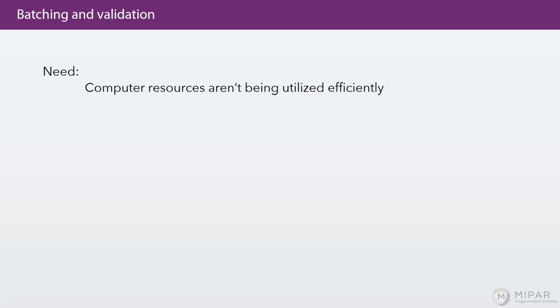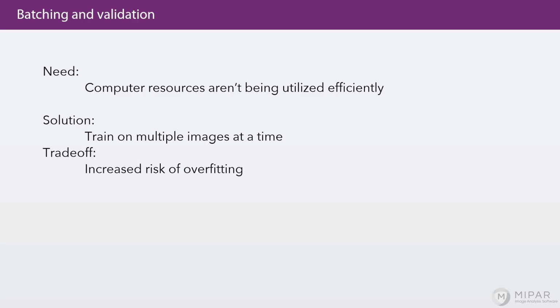And this can be especially a problem if you're paying for computational resources, or if, for example, you have a very large number of images to train on and you don't want to have to wait until the weekend to do your training. The first solution that we offer is to simply train on multiple images at once. This takes advantage of the highly parallel nature of GPU computation, and it allows you to significantly reduce the number of training iterations you need.